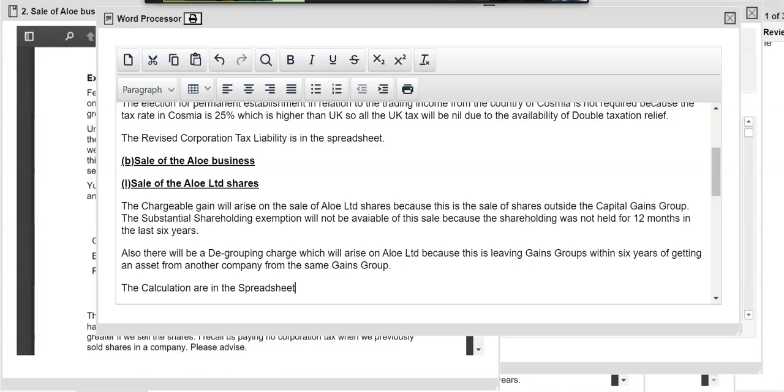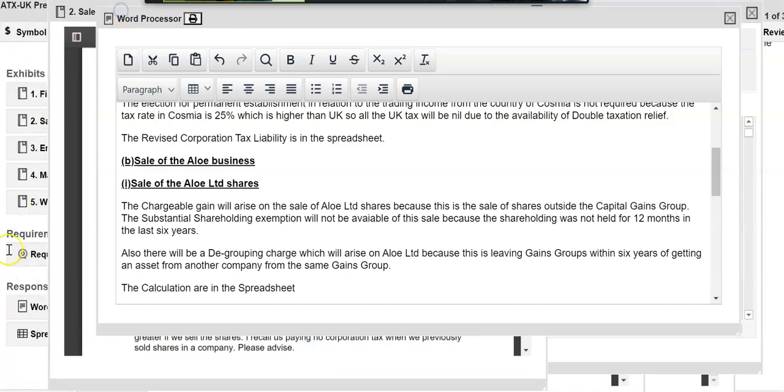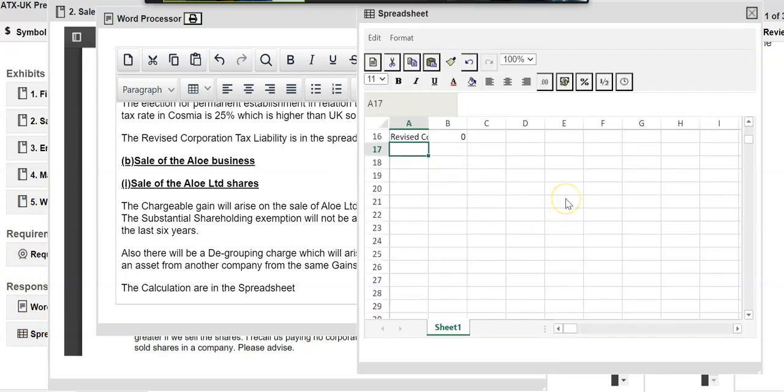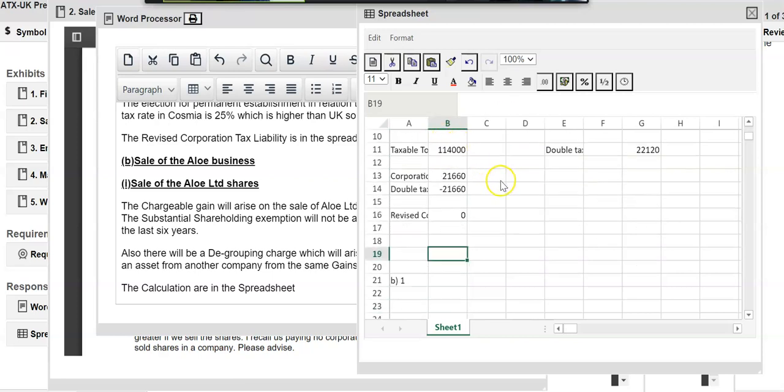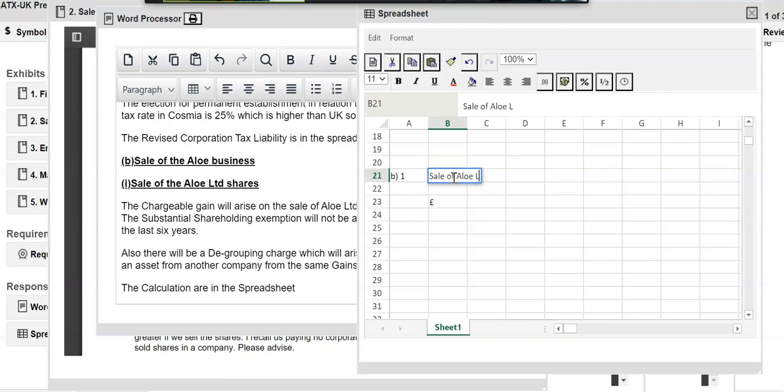So let's now go to the spreadsheet and make some calculations. This is part B1. Here we have the spreadsheet. First we have to copy the pound sign. Sale of LO Limited shares. So how much are the disposal proceeds? These are 700,000.